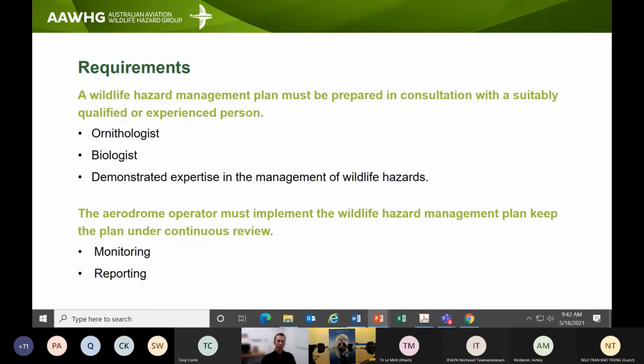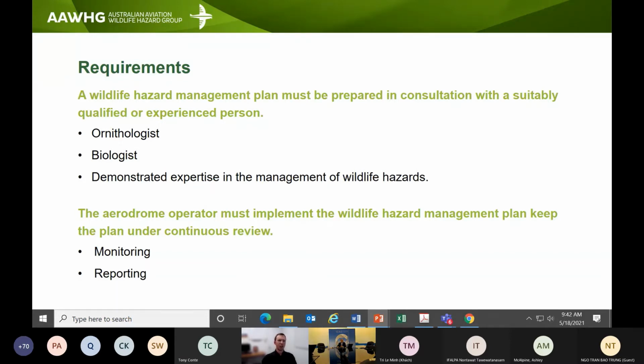So having that context and conversely, not all airport managers and aerodrome operators are going to understand wildlife behaviour and ecological interactions. So it's really having the experience of the two that really makes that person or that suitably qualified person key to the whole development of the wildlife hazard management plan.